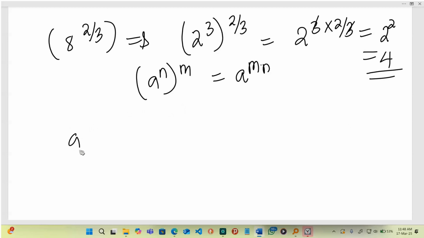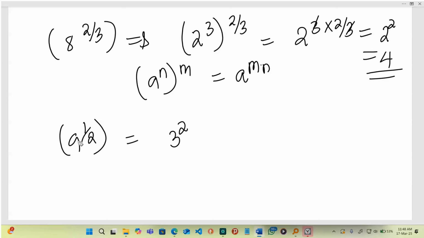If I had 9 to power a half, this is the same as saying 3 squared. Always strive to create some base raised to a power that is equivalent to 2 here, because if I raise it to a power of 2, then it would cancel with this and it makes my life easier.